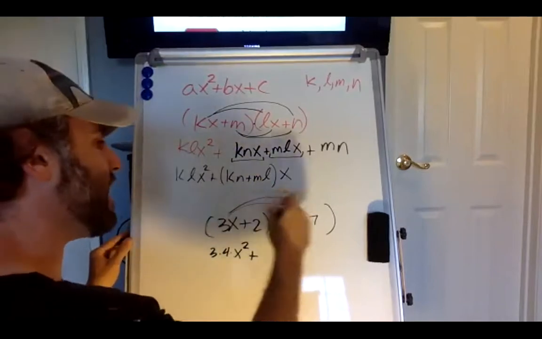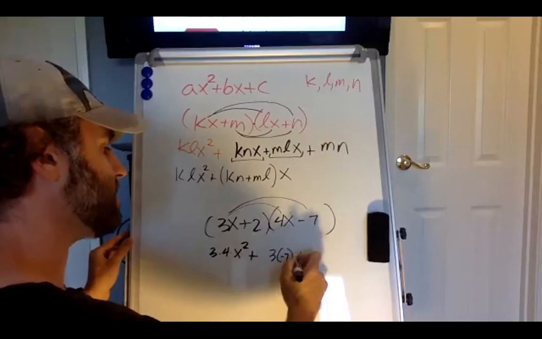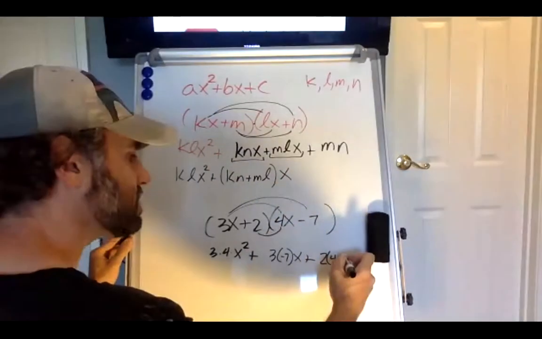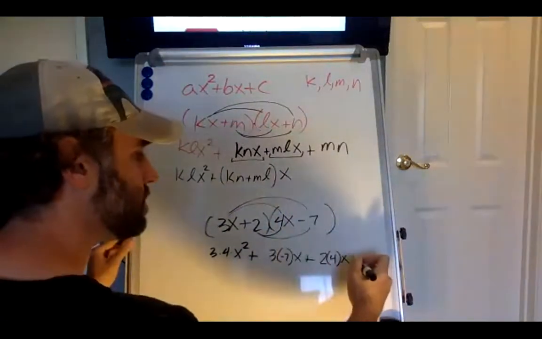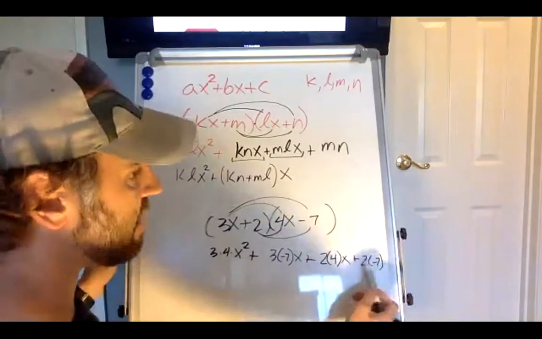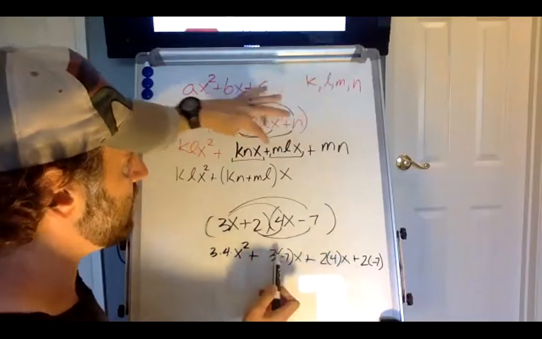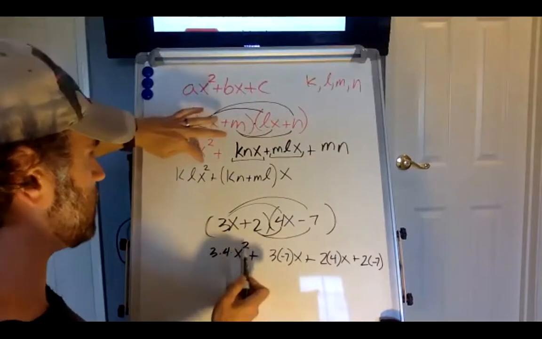Plus 3x times negative 7, so 3 times negative 7 times x. Plus 2 times 4 times x. And then plus 2 times negative 7. So there's your m and your n. There's your mlx, your knx, and your klx squared.